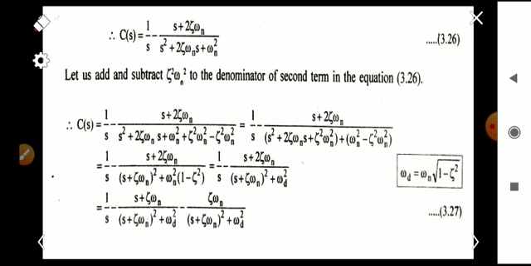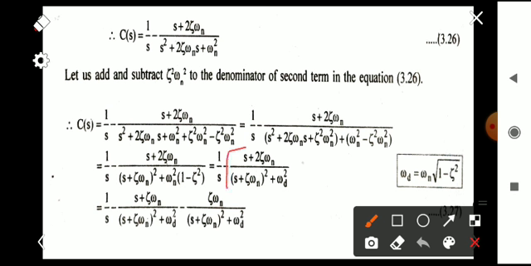Okay, and we are just going to split this second term into two. That is, we know that it is 2 zeta omega n, so we can write zeta omega n plus zeta omega n. Also keep in mind that the minus sign is common for these two terms.